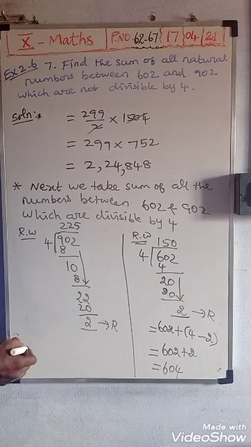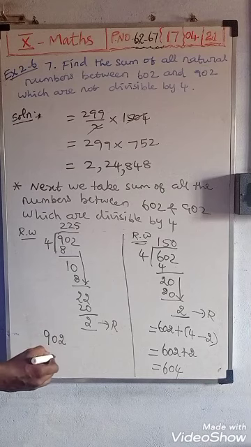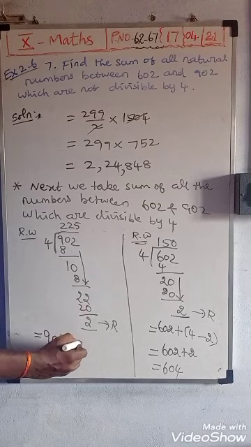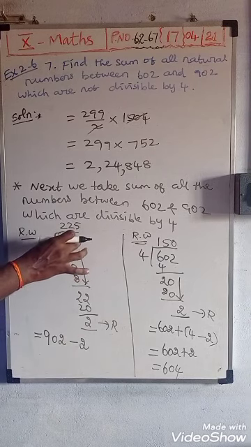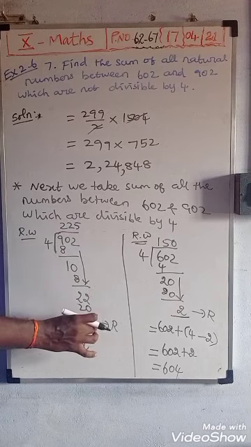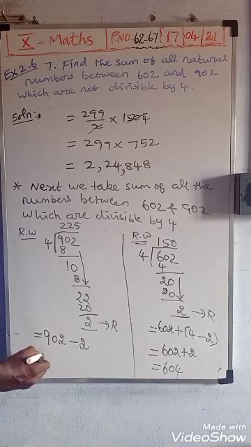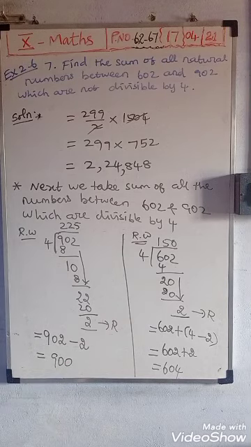Now to find the last number, from 902 this remainder should be separated, directly the last number. First you divide, then whatever remainder we receive, you should subtract that remainder, and we will get the answer. So 900. This 900 is exactly divisible by 4.